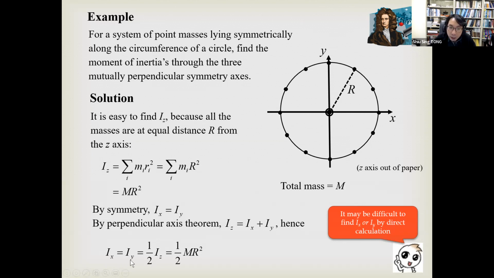So Ix and Iy are each equal to 1/2 of Iz, which is 1/2 of MR squared. You can see I can find Ix and Iy easily, even though I don't know how many masses there are, and the actual angular distribution doesn't matter. I can easily find the moment of inertia by the perpendicular axis theorem.